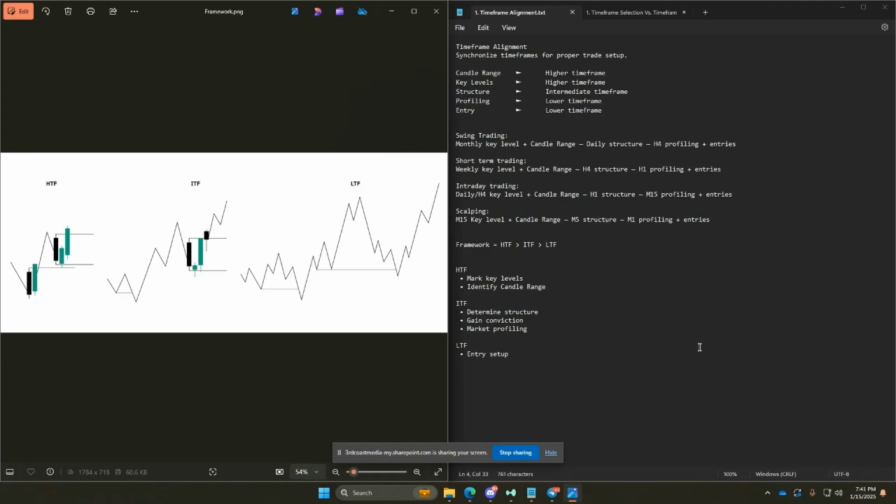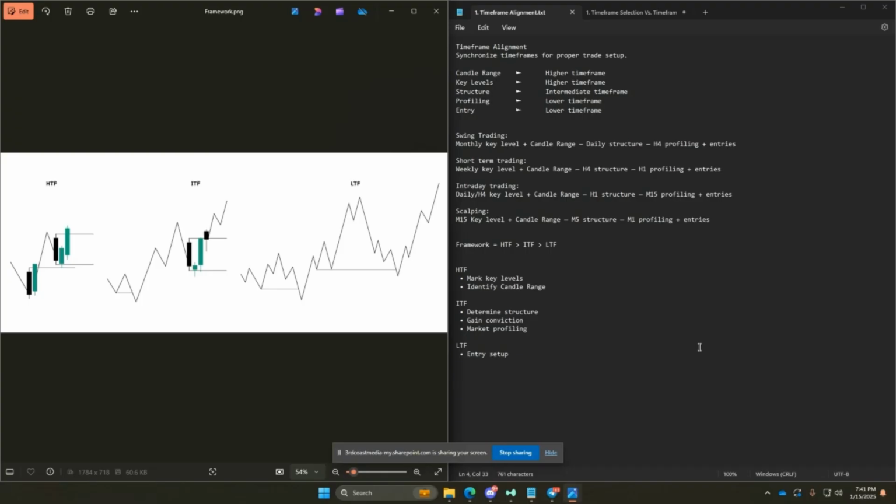We've covered the HTF, or higher time frame, a bit before, but there's also ITF and LTF. So you have higher time frame, you also have intermediate time frame, and we have lower time frame.